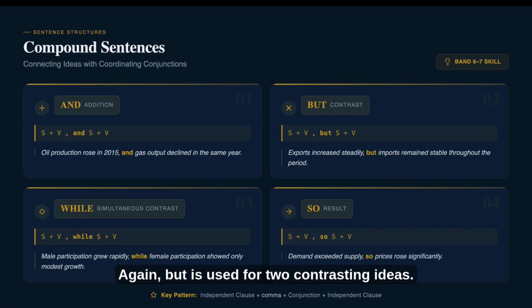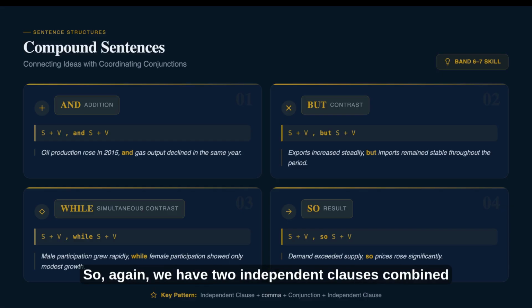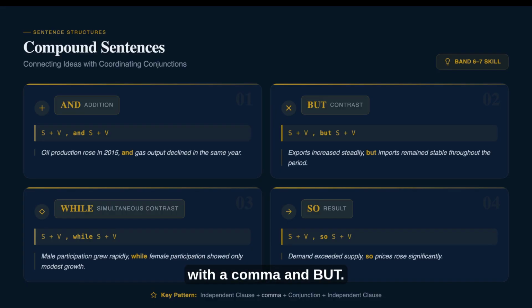Again, "but" is used for two contrasting ideas, and this word is one of the coordinating conjunctions of FANBOYS. So again, we have two independent clauses combined with a comma and "but". Let's look at the example.